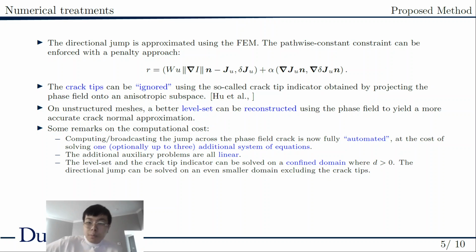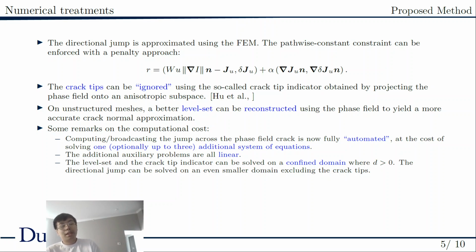And then some remarks on the computational cost. Computing and broadcasting the jump across the phase field crack is now fully automated at the cost of solving one or optionally up to 3 additional systems of equations. The additional auxiliary problems are all linear, so they are not all that expensive, and furthermore, the level set and the crack tip indicator functions can be solved on a confined domain where the phase field is greater than 0.